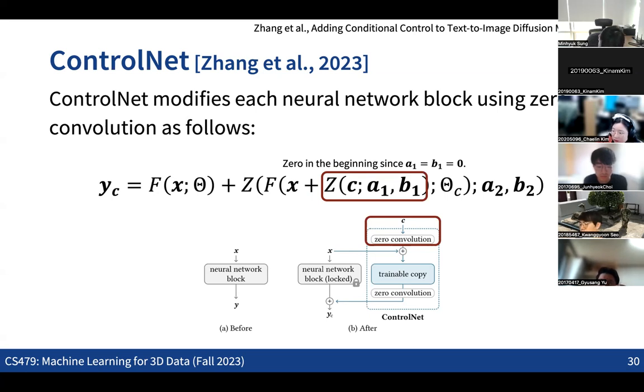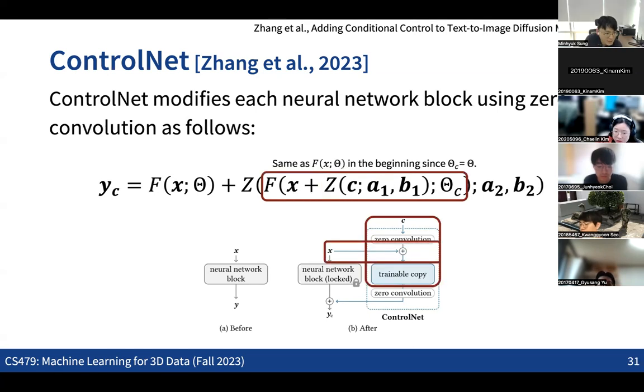Then we add the output of this zero convolution to x, and feed this into the copy of the pre-trained network. Now this should be exactly the same as x at the very beginning, before the fine tuning, because the output of the zero convolution is zero.